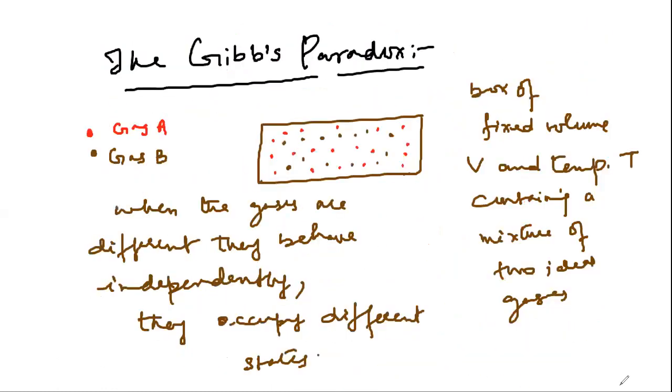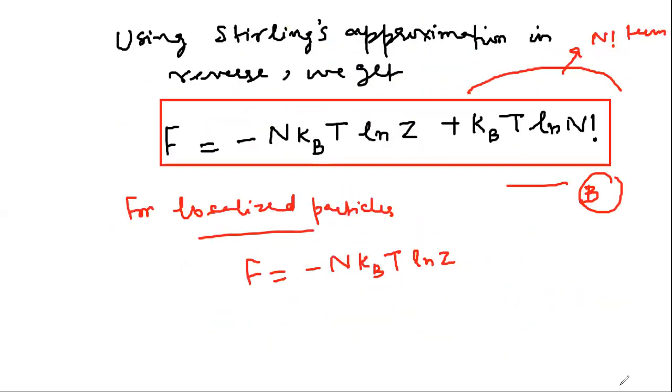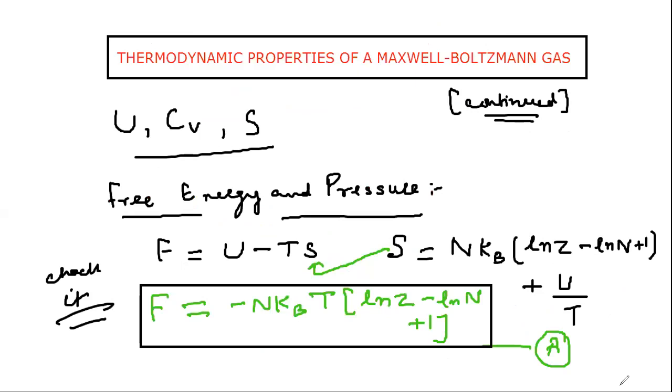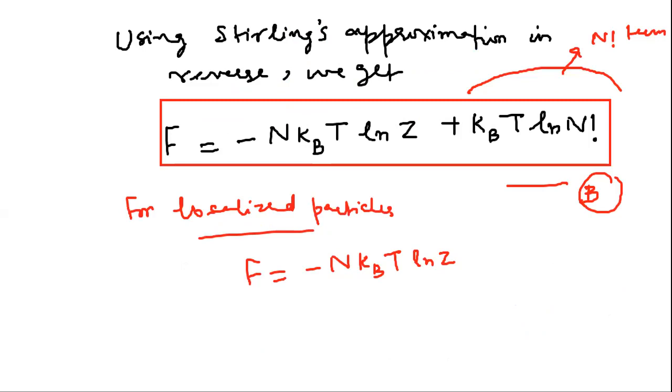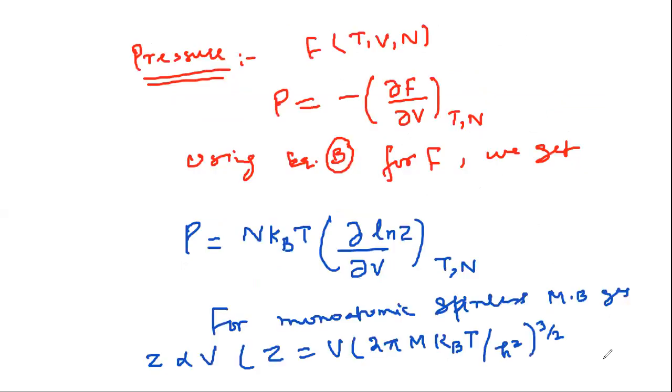Before leaving you, I will summarize the lecture. First we talked about the free energy of Maxwell Boltzmann gas. We got this expression. Then we compared it with the localized particle situation. We said there is an addition of this term in the gaseous situation, the factorial term. Then we talked about the pressure.